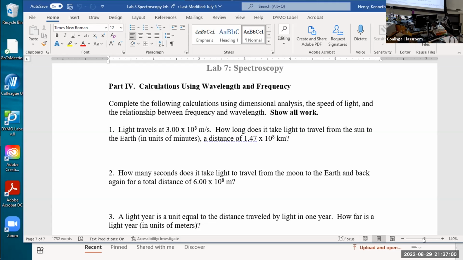Okay, so then we have our conversion factor, right? Conversion factors have units over another unit to allow us to go from one unit to another, right? So in this case, we have 3.00 times 10 to the 8 meters over 1 second.